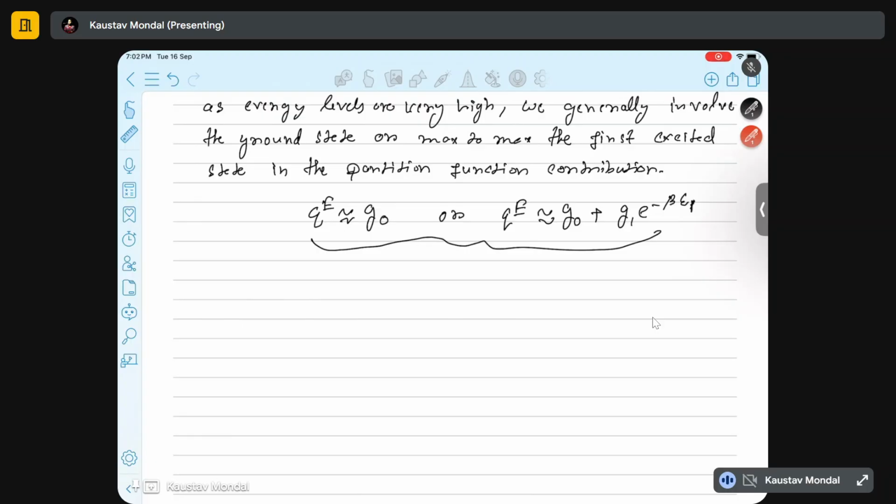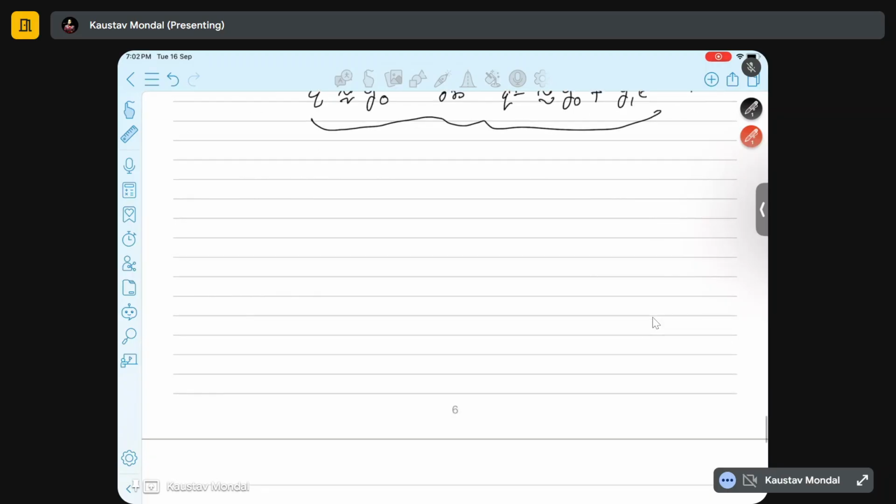Now we'll check how the partition function looks if you change the temperature. So let's take this expression, q equal to g0 plus g1 e to the power minus beta E1. Now take g0 as 2 and g1 as 2.